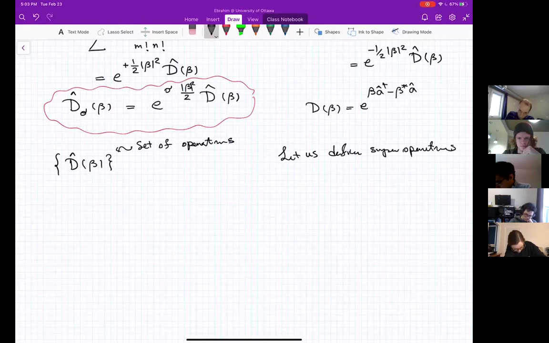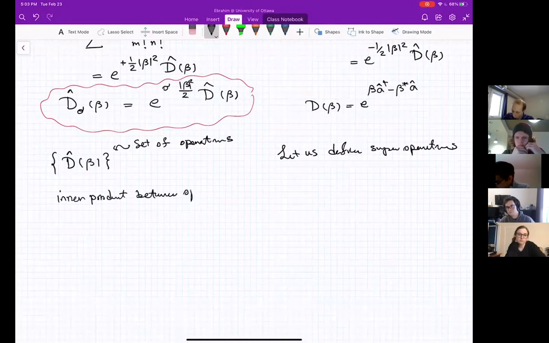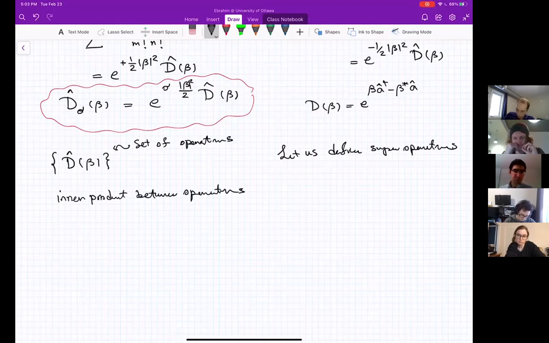Before even defining the super operators, look at the case where you can have a linear product between operators. It's so funny. I want to take two operators, do the linear product, and get a scalar quantity.